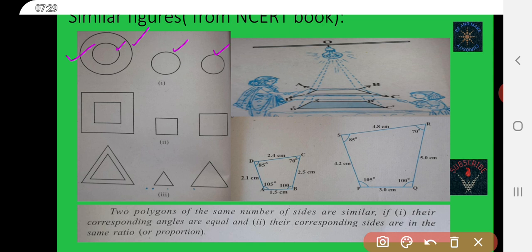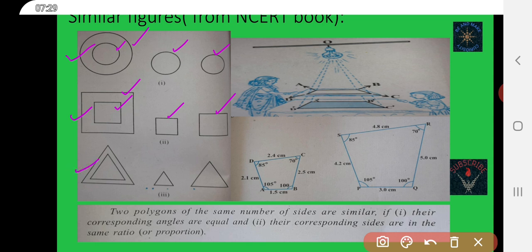Okay, now here you see squares. This one is smaller, this one is bigger, but they have the same shape, but different size. So if two figures have the same shape, they are called similar figures. So here all squares are similar.